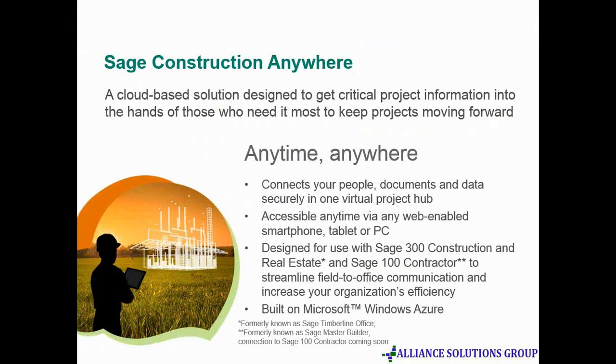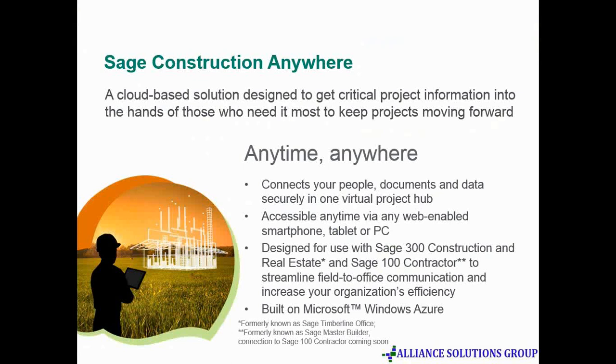The functionality you're going to see today is all the website, and the back office workflow and the back office design has not changed at all with either product. So everything that you can do on the Sage Construction Anywhere website, you can do whether or not you are a Sage 300 CRE client or a Sage 100 Contractor client.